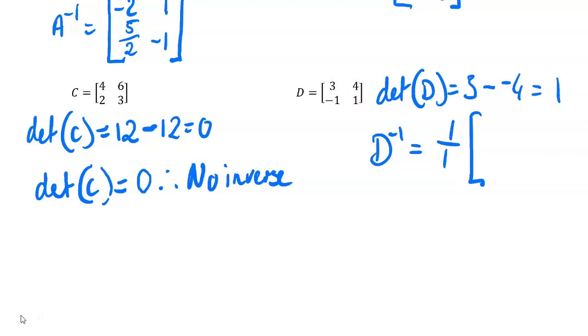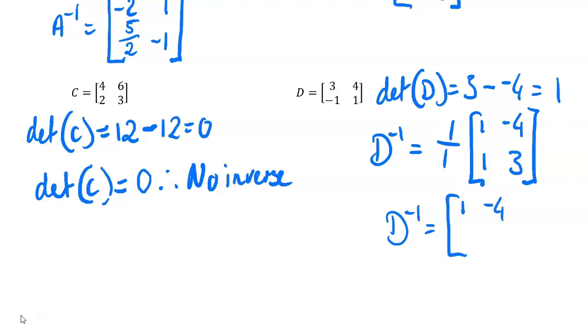Flip that diagonal, so 1, 3, times the elements on that diagonal by -1. So -1 times by -1 gives you +1. 4 times by -1 is -4. And of course, timesing everything by 1 divided by 1, which is 1. We just end up with 1, -4, 1, 3.